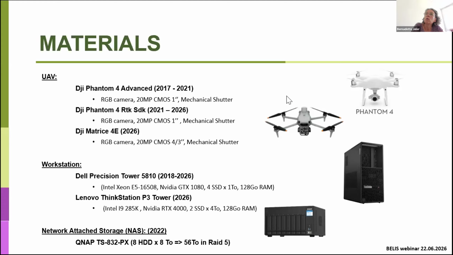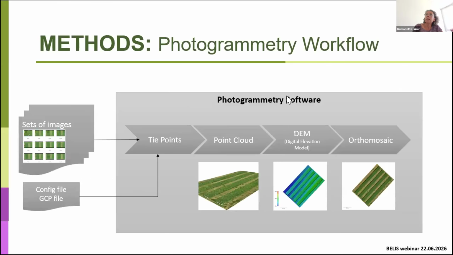So we have a new DJI Matrice 4E. You can see the specificities of these drones. The workstation, we have also changed this year from a Dell to a Lenovo, with specific features. And we are also working with a NAS. So this is the material.